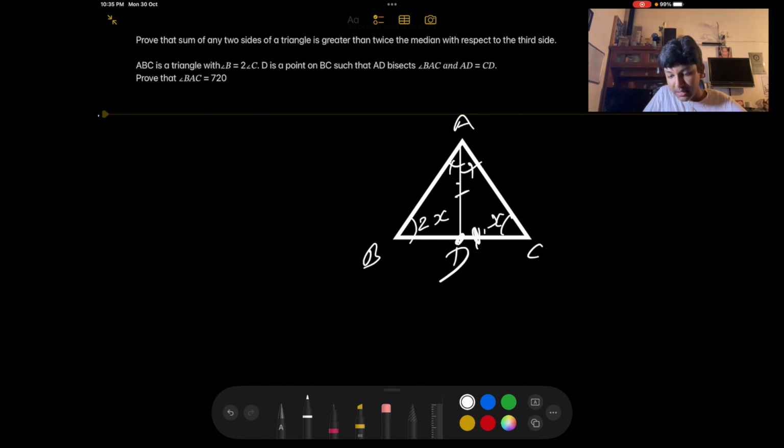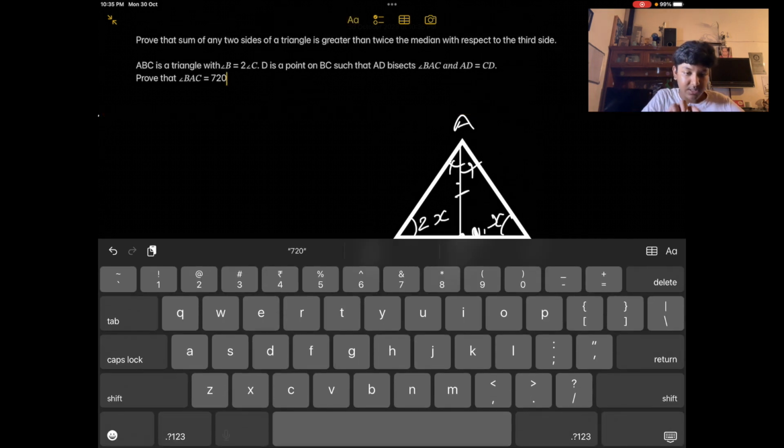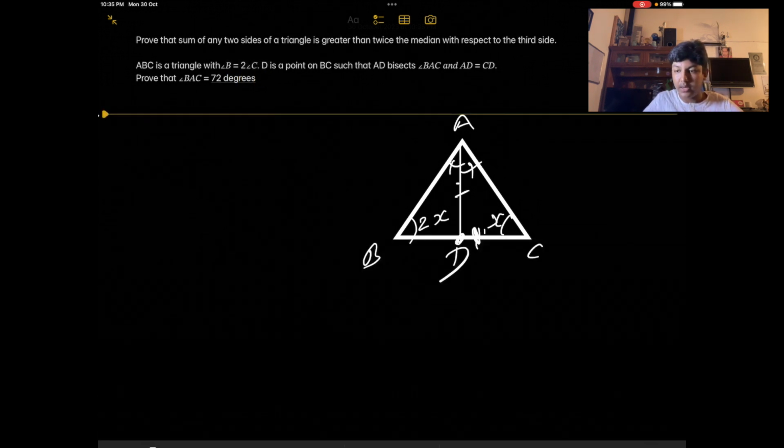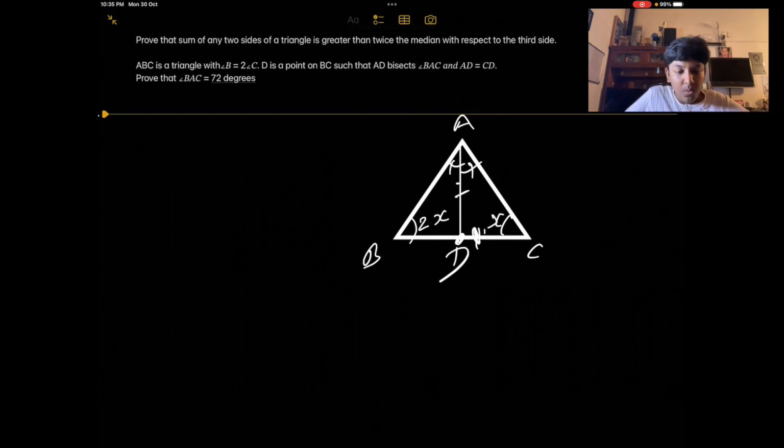So AD is equal to CD. Prove that angle BAC is 72 degrees. It's not 720, it's 72 degrees. Oh, sorry about that. Alright. Okay. So we have to show that angle BAC equals 72 degrees.